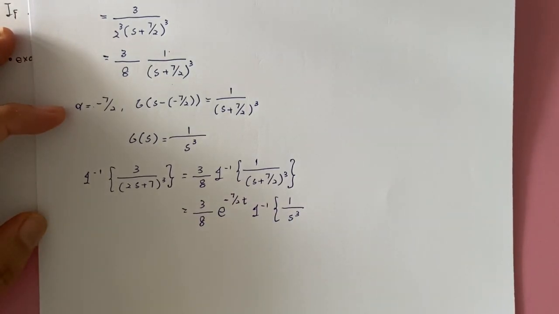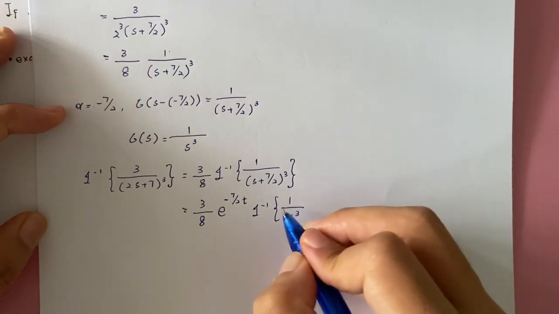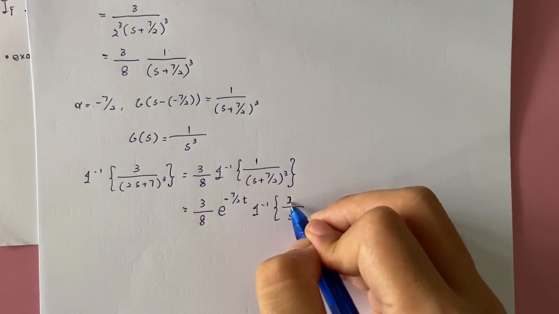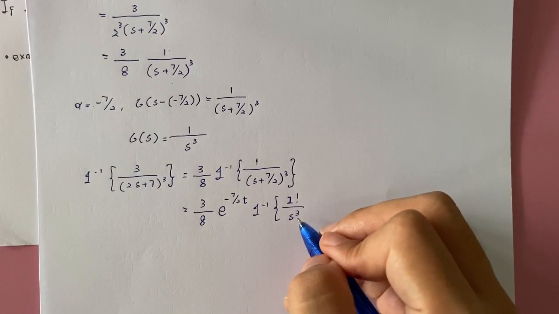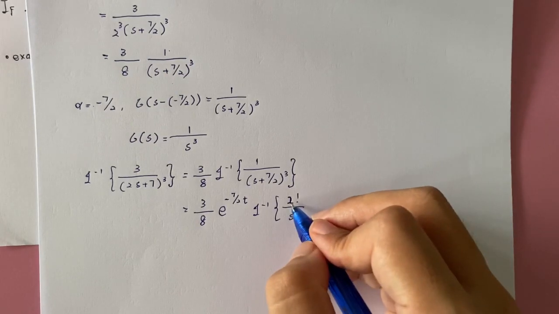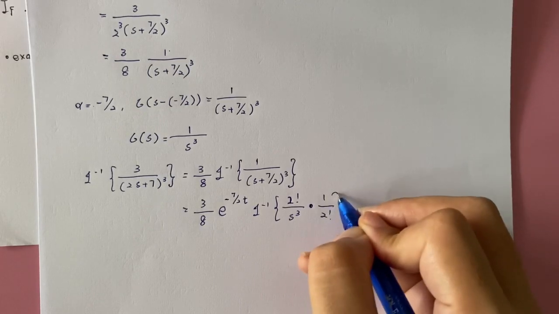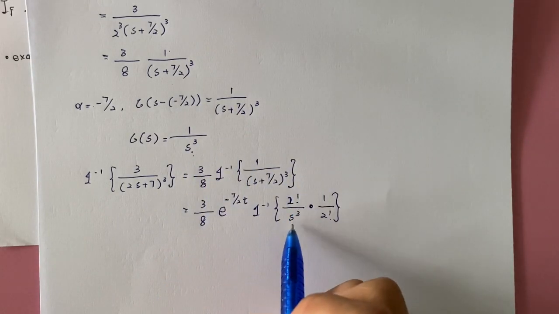So what is the inverse Laplace for 1 over s cubed? Can we directly see it from the table, or do we need to modify it? The answer is to modify this F(s). In order for this one to be t squared, you need to have 2 factorial here. So the inverse Laplace for this function is t squared, and because you have 2 factorial here, you need to multiply by 1 over 2 factorial, since our G(s) is 1 over s cubed, not 2 factorial over s cubed.